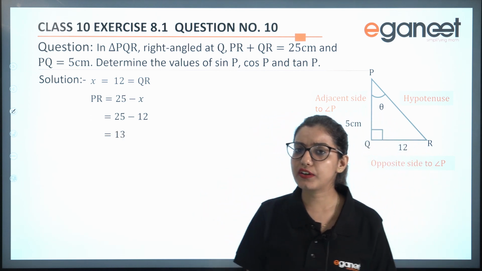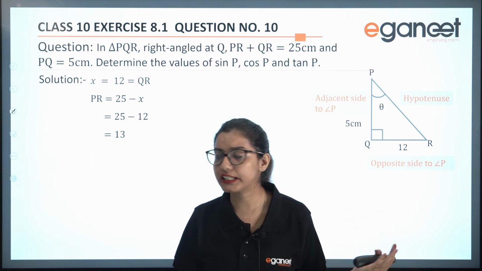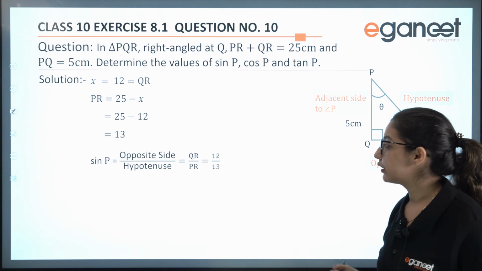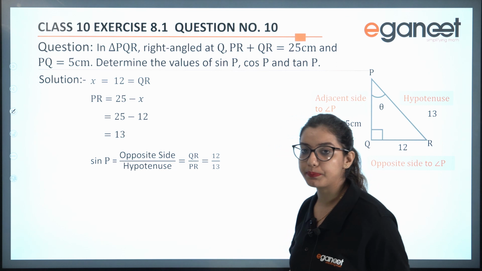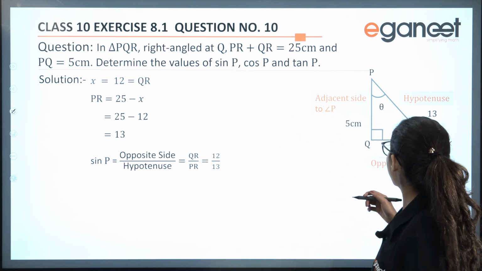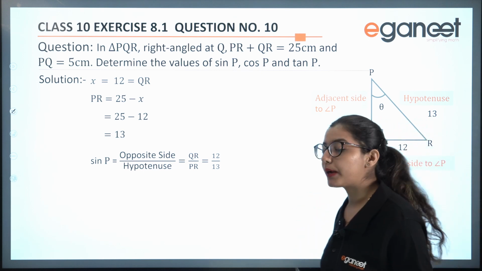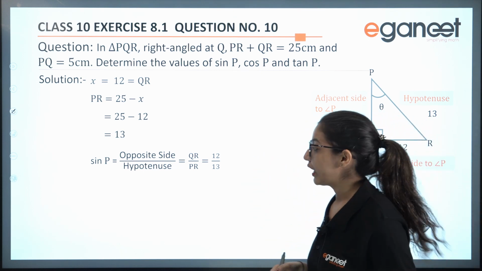Now that we have the values of the sides, we can quickly find sin P, cos P and tan P, right? So we know the formula: sin P is opposite upon hypotenuse. So here opposite is, yes, which side? QR, and hypotenuse is PR. So we will have 12 upon 13.